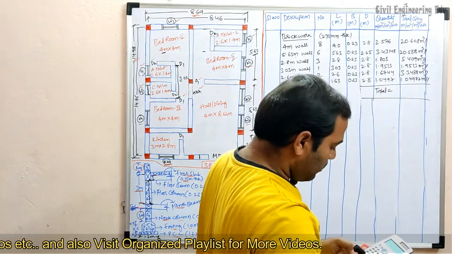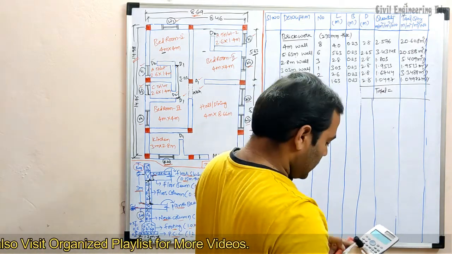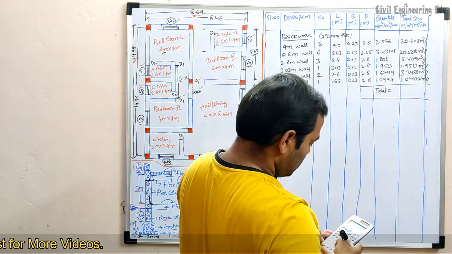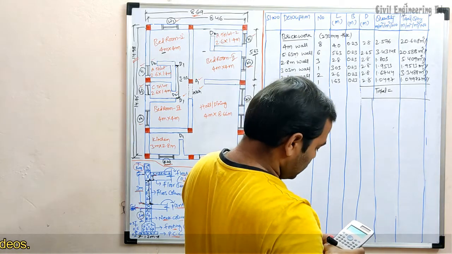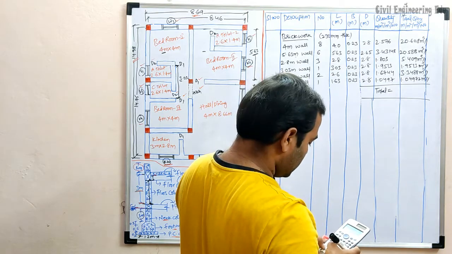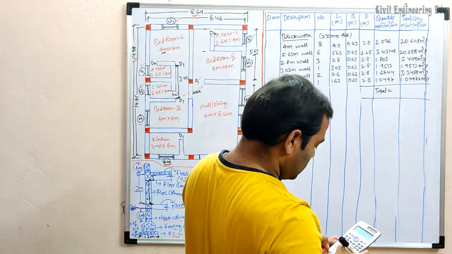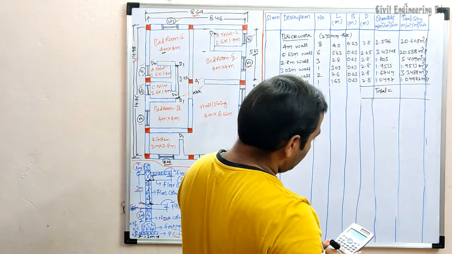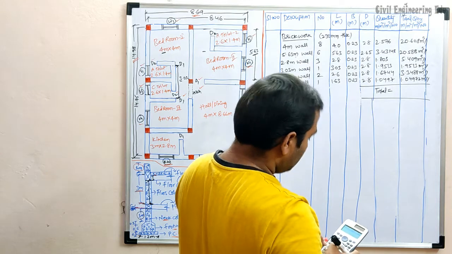So 20.608 plus 20.588 plus 5.409 plus 1.9513 plus 3.3488 plus 1.04972.